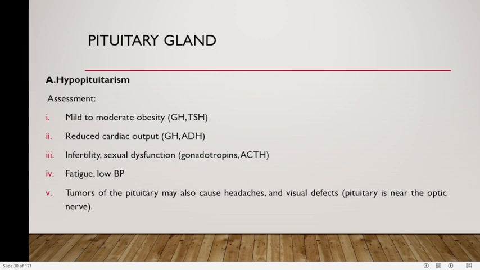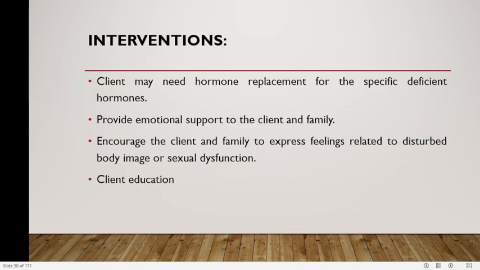Patients with hypopituitarism normally present with infertility, sexual dysfunction, fatigue, and low BP. Tumors of the pituitary gland may also cause headache and visual defects. The pituitary is normally near the optic nerve, and that's why patients with a tumor on the pituitary gland will present with visual defects.